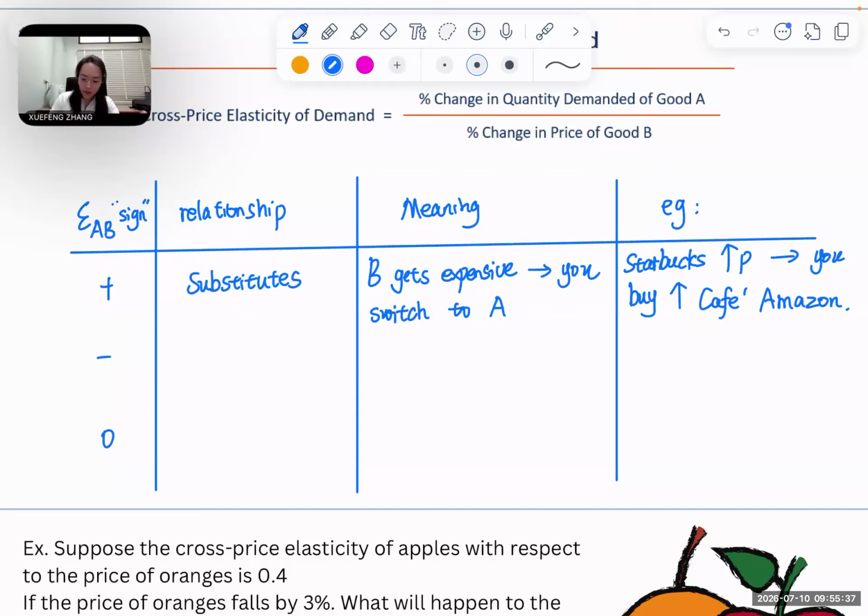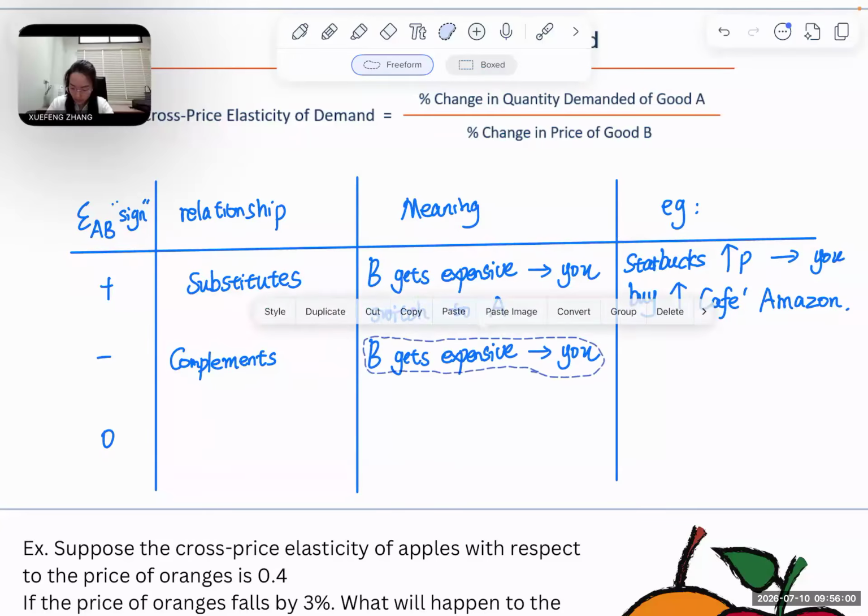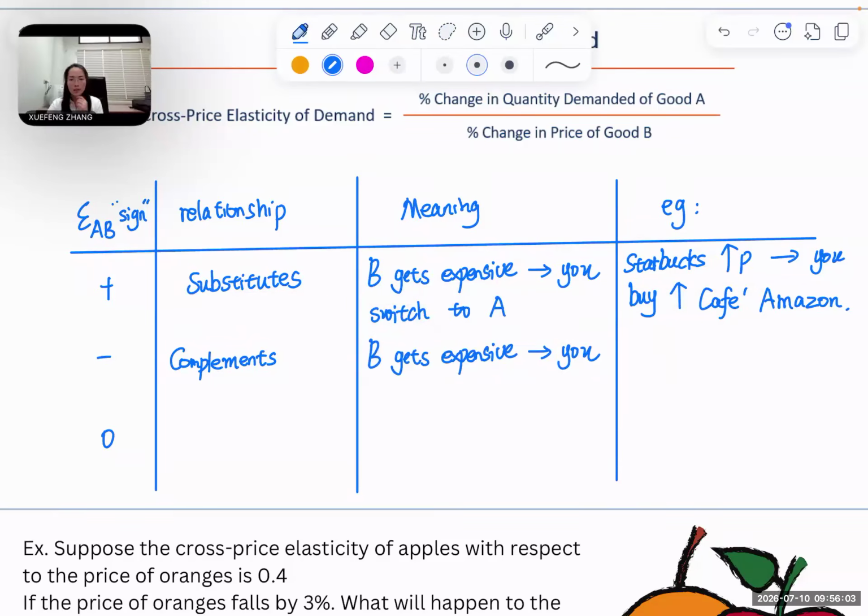Next one, if the sign is negative, they are complements. If B gets expensive, you buy less A too.